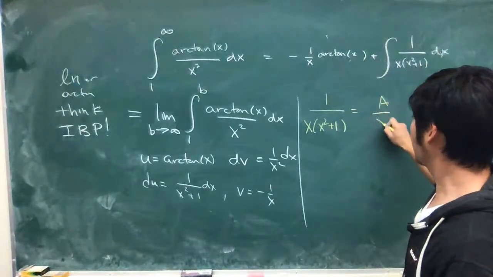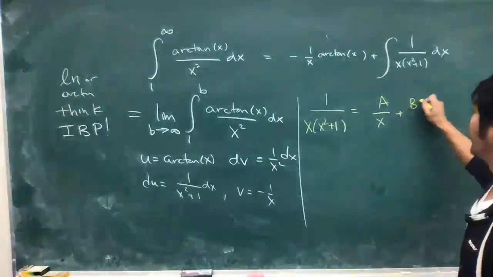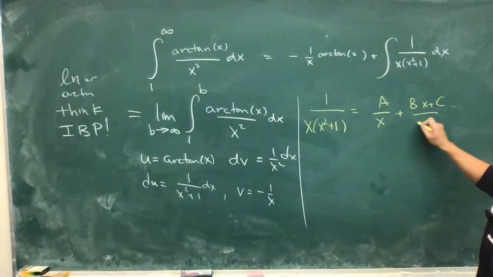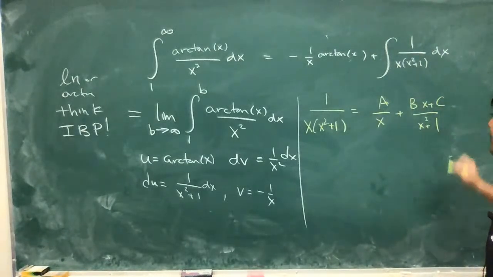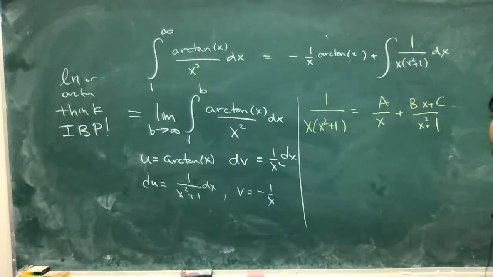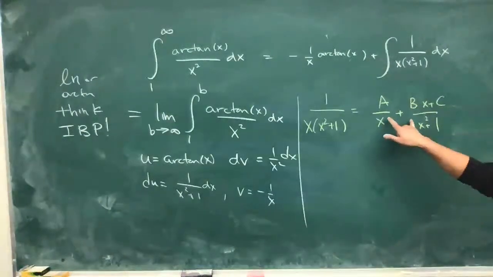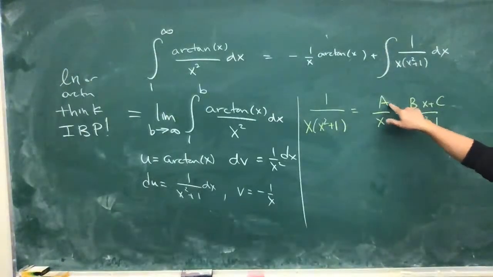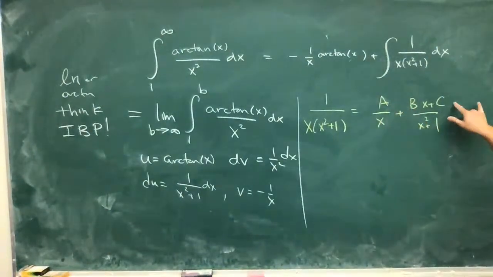This is going to be a over x plus bx plus c over x squared plus 1. Sometimes you can just look at it for a while and guess it. The way you would guess it is you multiply x squared plus 1 and x across.